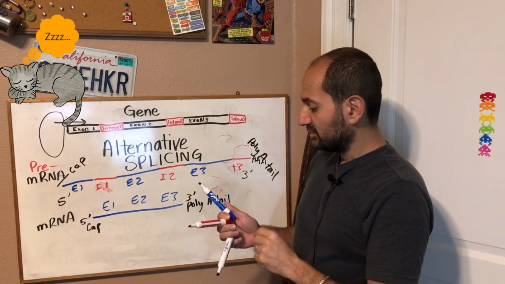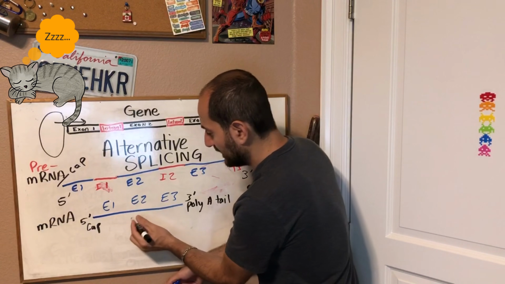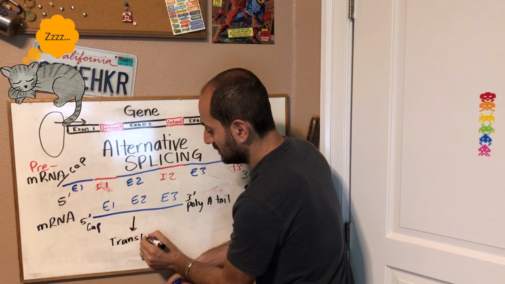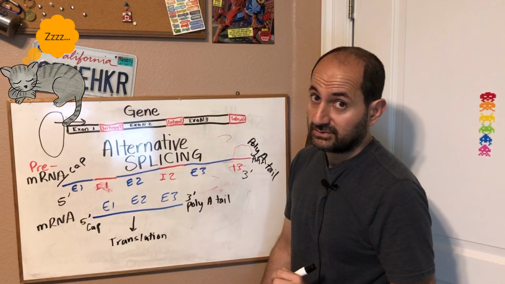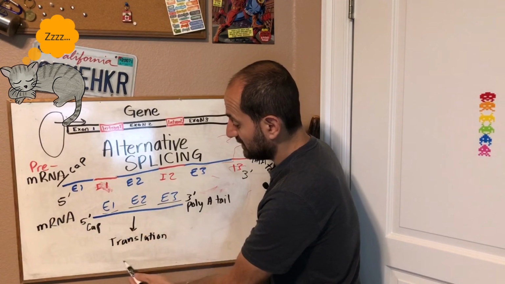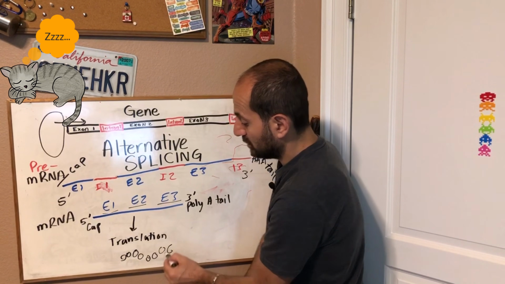Let me show you. So for example, if the ribosome were to come along and translate this, it would translate exon 1, exon 2, and exon 3 information into a polypeptide, into a protein, right?